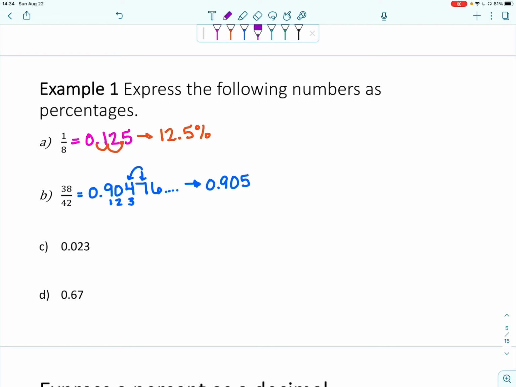And then I'm going to move the decimal point 2 places so that this becomes 90.5%. So if you took a quiz and there were 42 questions on the quiz and you got 38 of them correct, then you would have scored a 90.5% on that quiz.